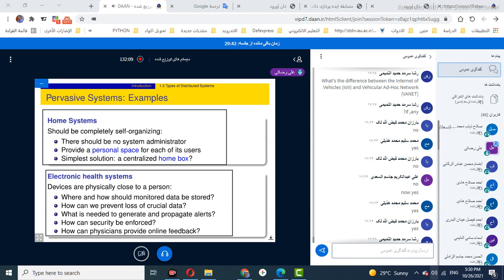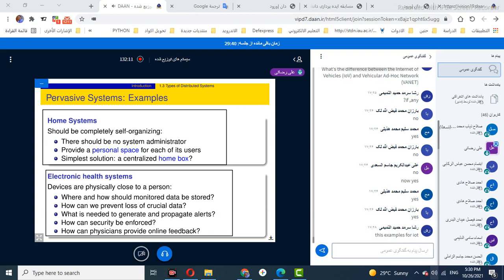Basically, we can say that Internet of Vehicles demonstrates a more smart environment with much more complicated services that can be provided to customers, comparing with the simple communication that we use and we discuss in VANETs.